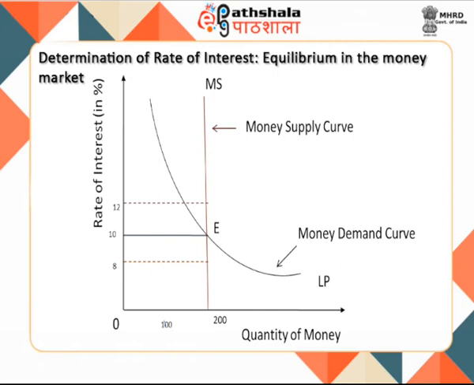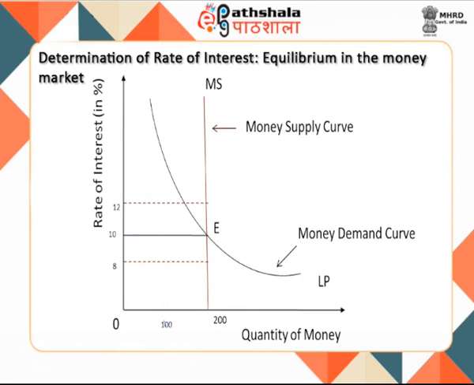The rate of interest, according to J.M. Keynes, is determined by demand for money, liquidity preference, and the supply of money. The supply of money at a given time is fixed by the monetary authority of the country. In the figure, LP is the demand curve for money at a given level of nominal income.